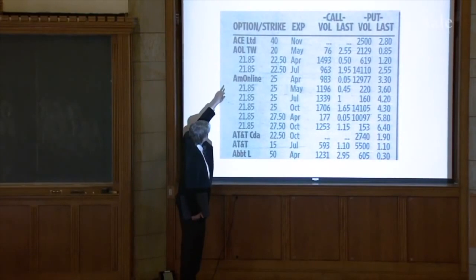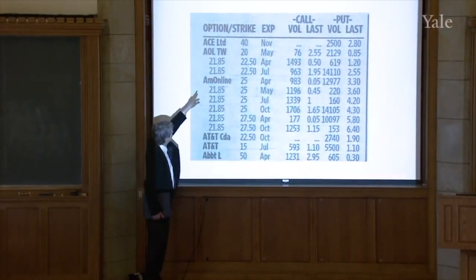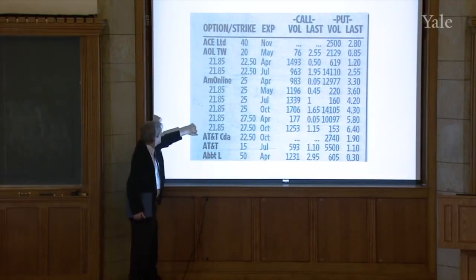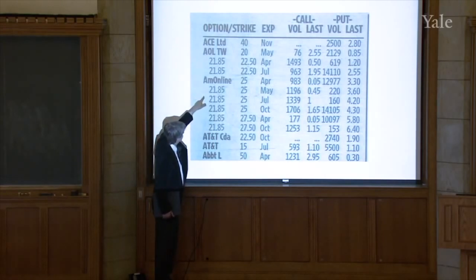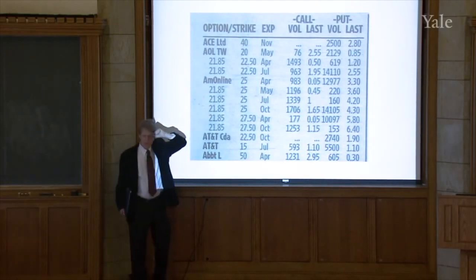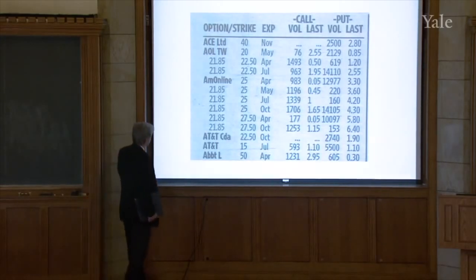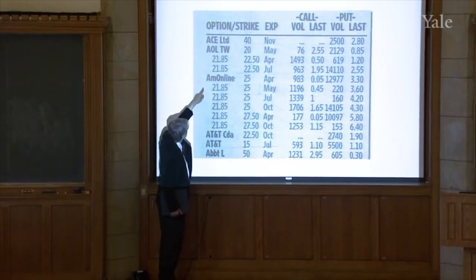Forget ACE Limited. The second row says AOL.TW. That's America Online Time Warner, the merged company. And then below that, they have America Online itself. These were options that were issued before the merger, and they apparently are being exercised in terms of the same AOL Time Warner stock.